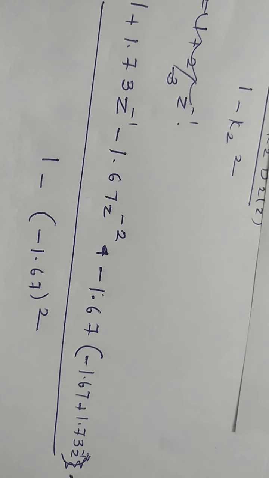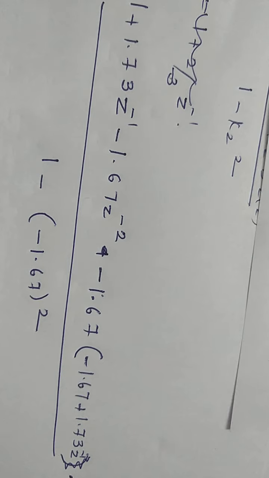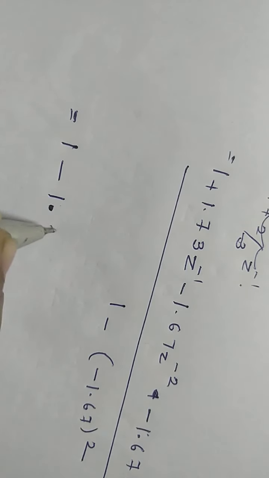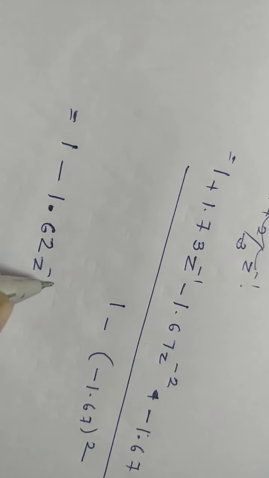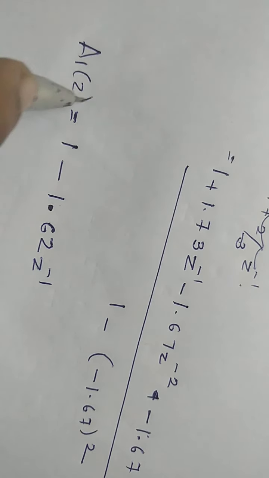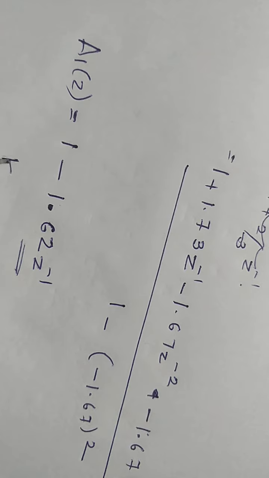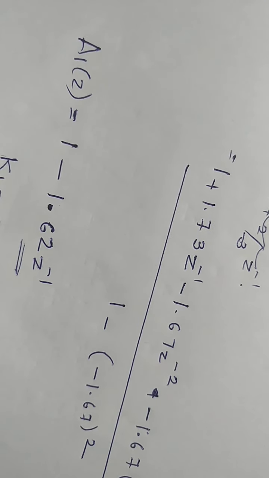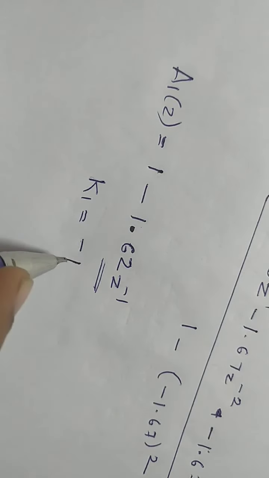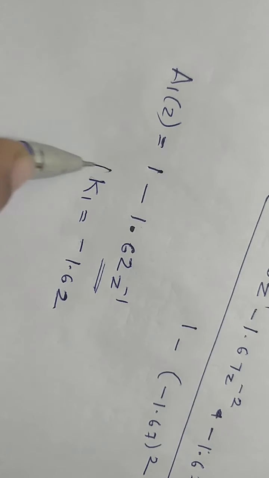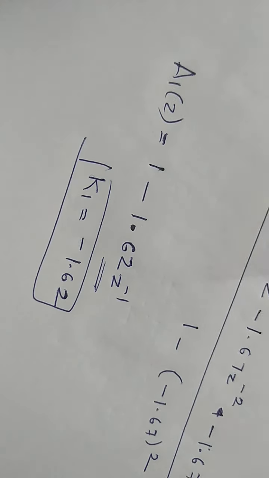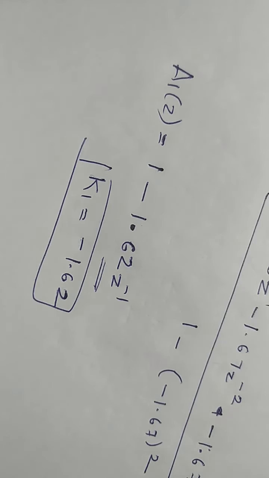After substituting, we will be getting 1 minus 1.62 z raised to minus 1, that is a1 of z. So the value of k1 is the coefficient of z inverse. Coefficient of z inverse means k1 is equal to minus 1.62. Okay, so we got k1, k2 and k3.